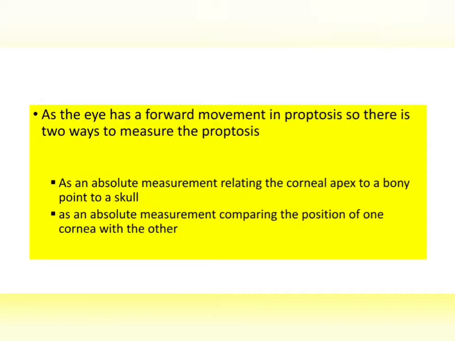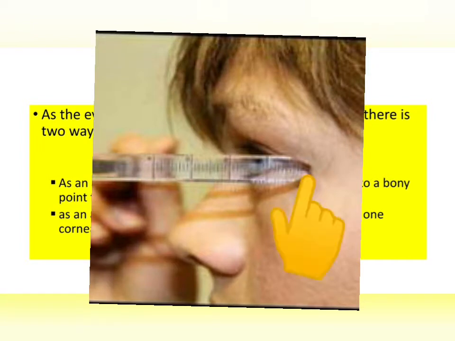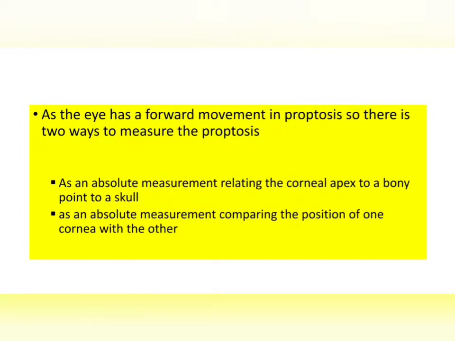As the eye moves forward in proptosis, there are two ways to measure it. The first way is to keep a reference point on the orbital margin, mostly the lateral orbital margin, and compare the movement of the corneal apex from the orbital margin.